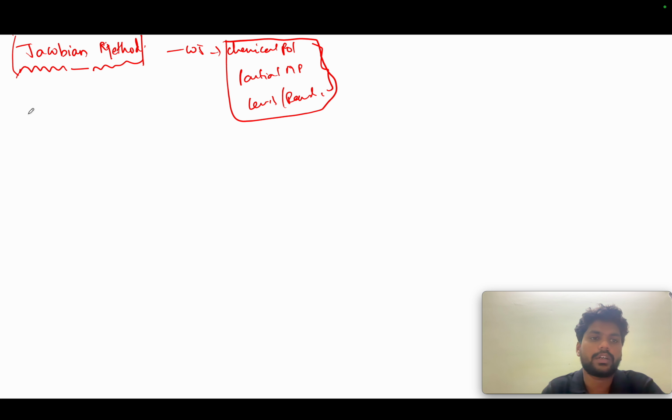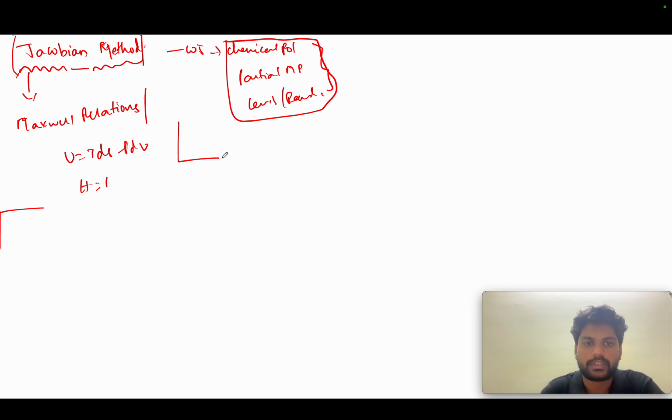The Jacobian method is nothing but a way to get the Maxwell relations. Suppose you know these equations, right? dU equals TdS minus PdV, or dH equals TdS plus VdP.